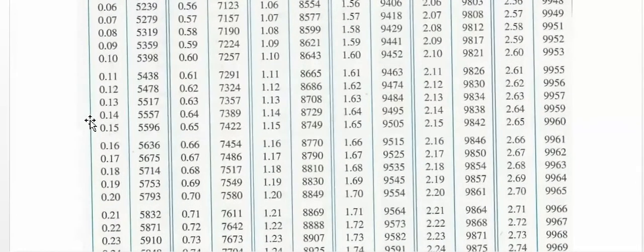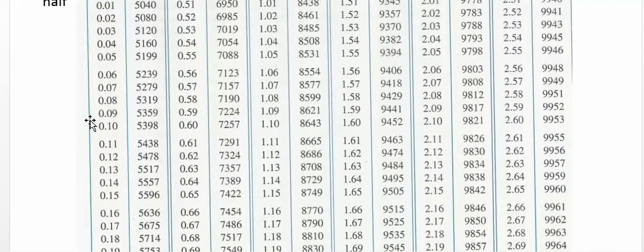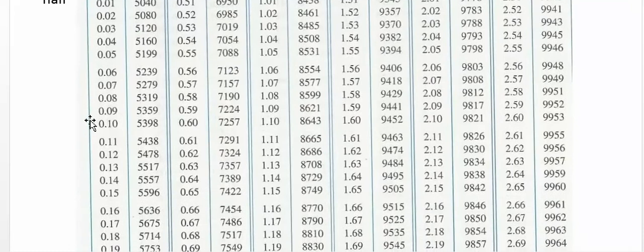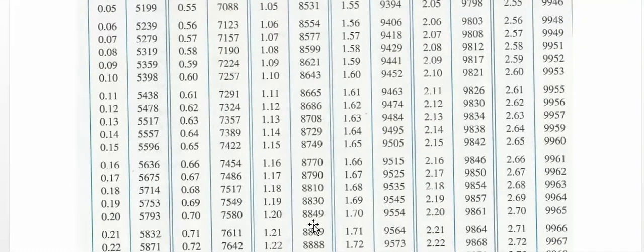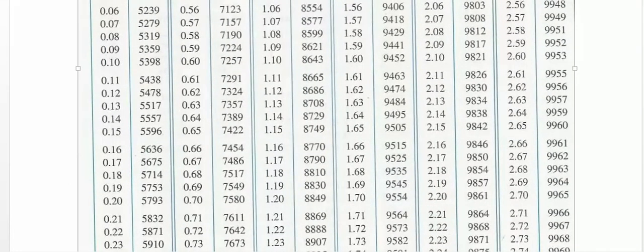For that particular Z of 1.2, the phi of Z is right here: 0.8849. What that tells us is the probability that it's 1.2 or less, but we wanted the opposite of that. So I'm going to use that number, 0.8849.